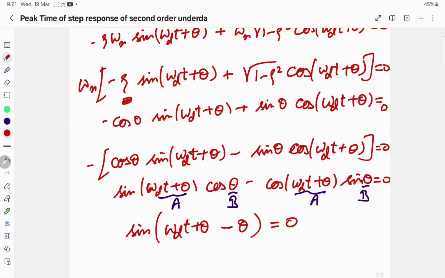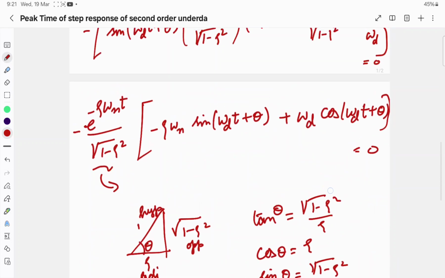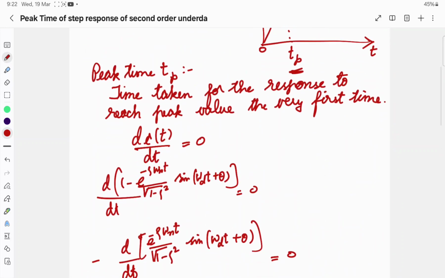So what you are getting here is sin omega d t equal to 0. So we are going to find the peak time. What is peak time in this case? t is equal to Tp. That is, at t equal to Tp, we equate it to 0.